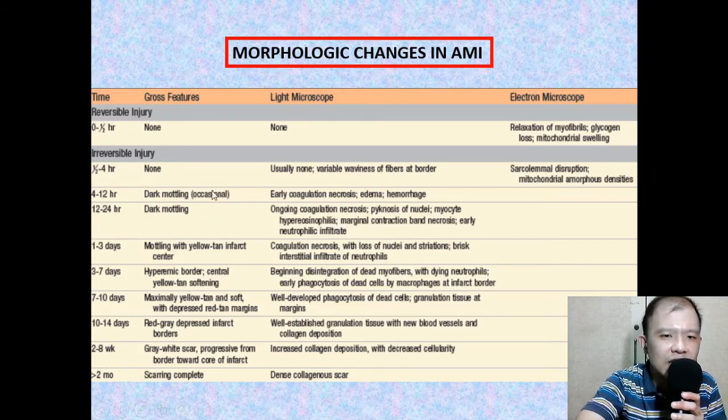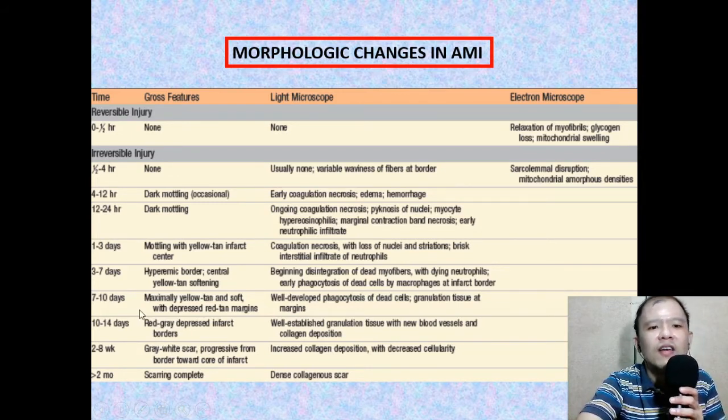You see the changes in the heart. You see dark mottling, later developing into a yellow tan infarct, later developing into something that has central necrosis with hyperemic borders, and later developing into a gray-white scarring. So kindly study.